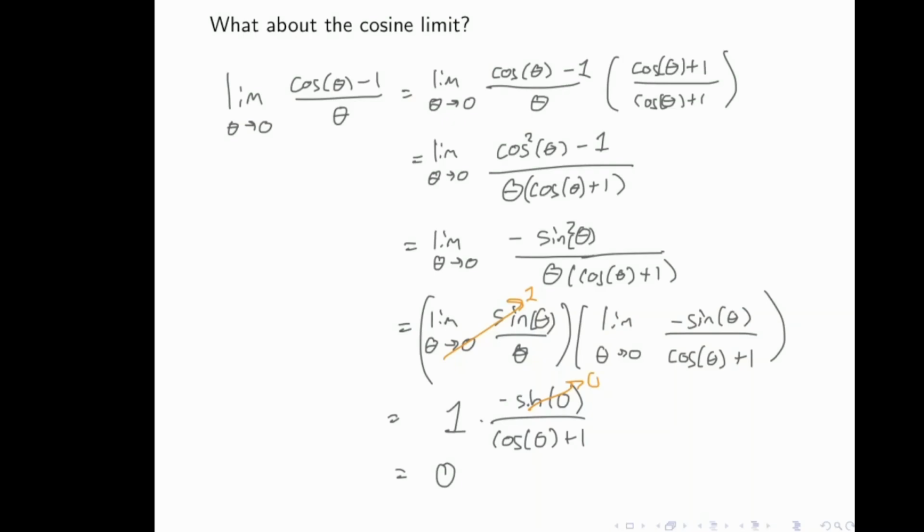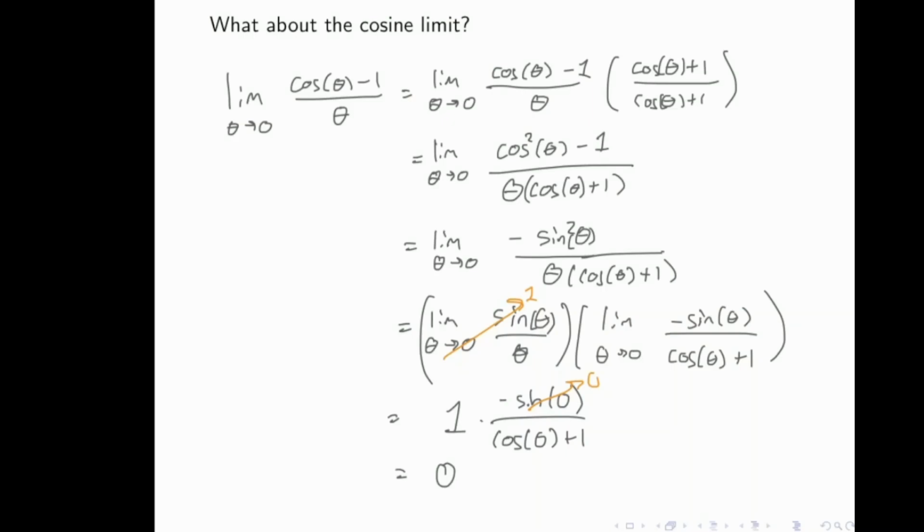Maybe just to mention one pitfall here is that you might argue that we could have used L'Hopital's rule to calculate this limit, but I would argue that that's circular reasoning because in L'Hopital's rule, you have to differentiate the numerator and the denominator.